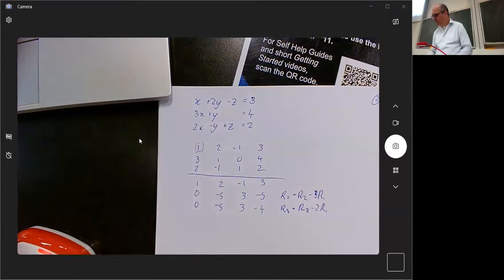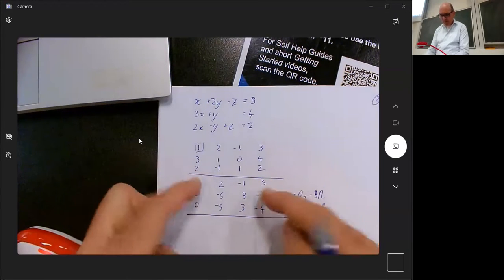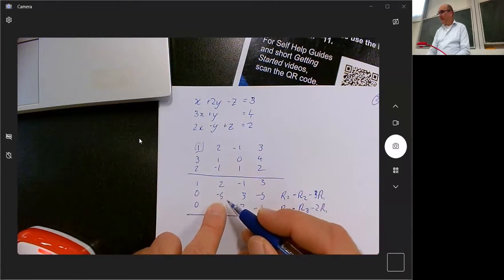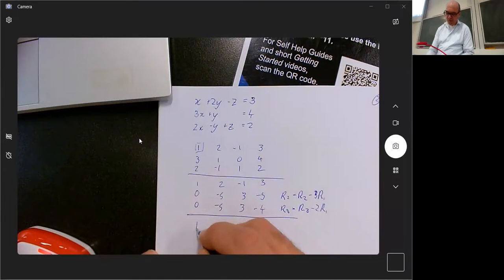Now, I can't help noticing at this point that this little bit here is the same. So I'm actually going to skip a bit. Normally I'd make this 1, but I'm going to skip just a little bit. I'm going to go 1, 2, minus 1, 3.